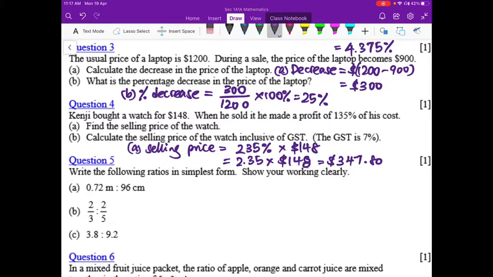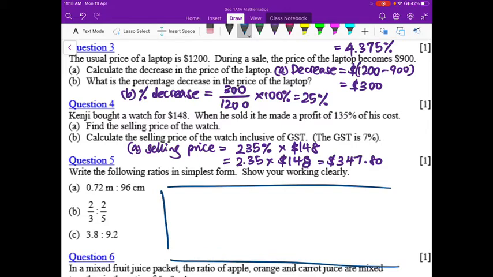Instead of doing it like this in one step, the alternative solution I show you at the bottom could look like this. Profit equals 135% times $148. So you get 199.8.